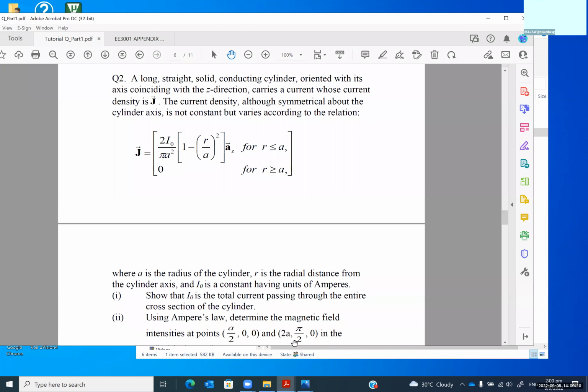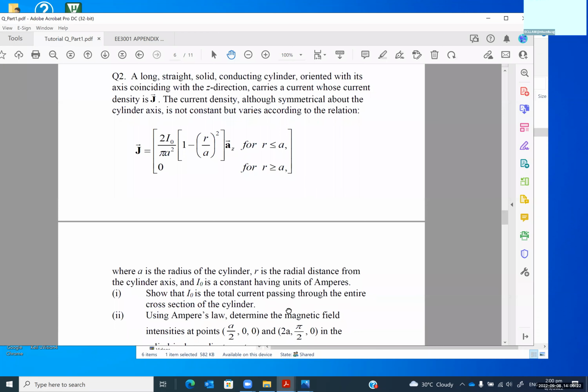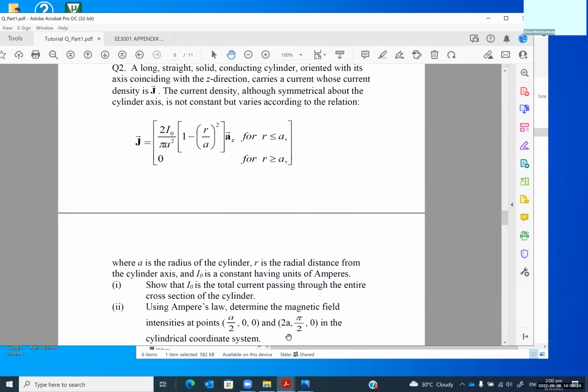I want you to discuss group by group how you want to solve this. Each group, please discuss how you're going to solve this. Those on the internet also, please participate. I want you to tell me how you solve the second part of question 2.